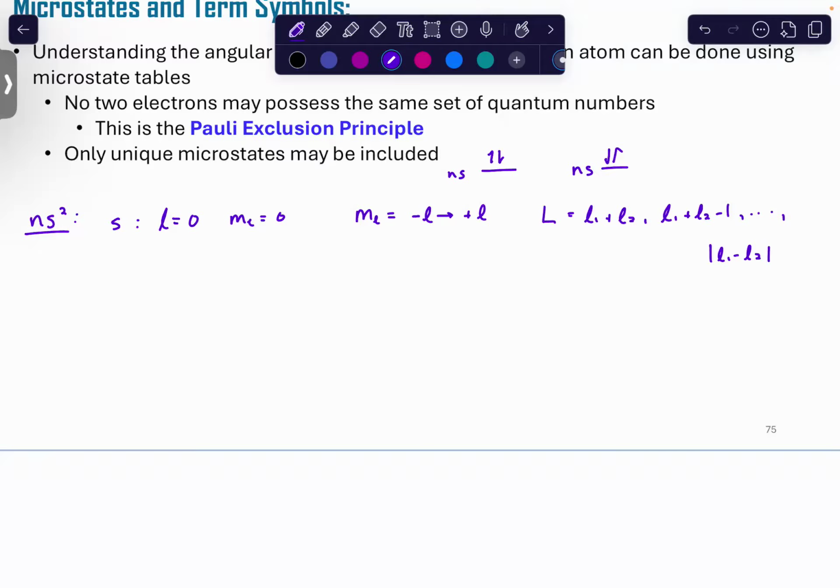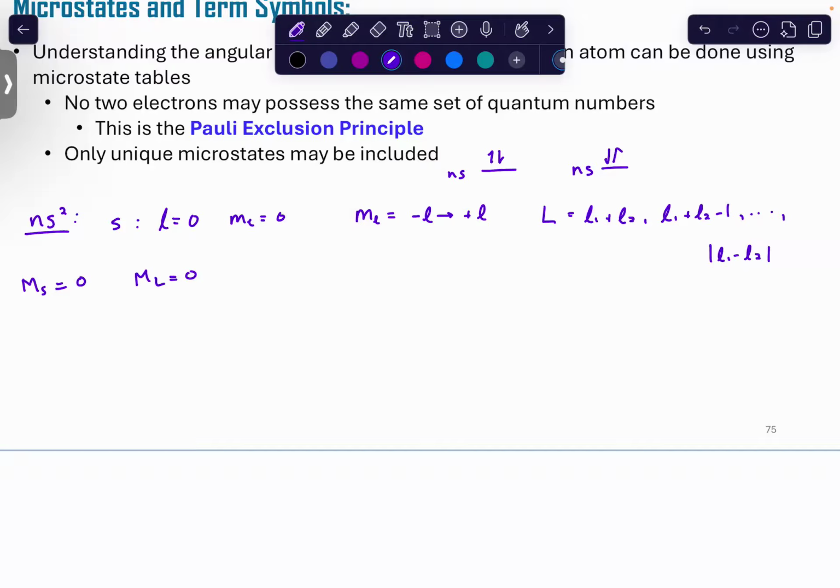So my M sub L is going to be 0, because if I sum together all my M sub L's, I only have 0.